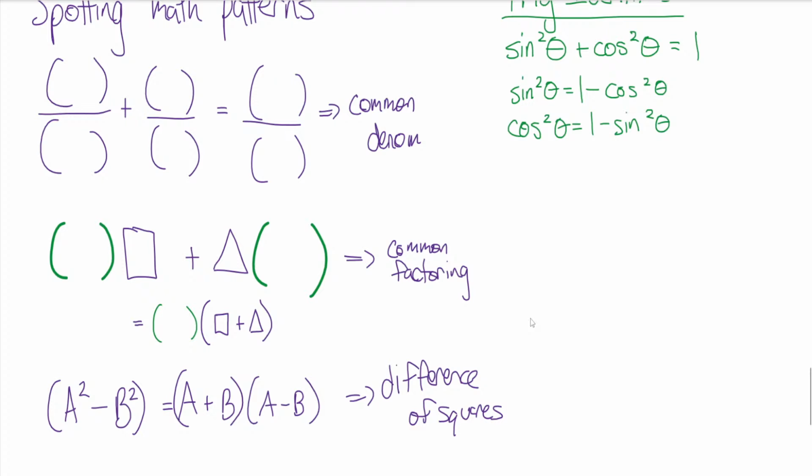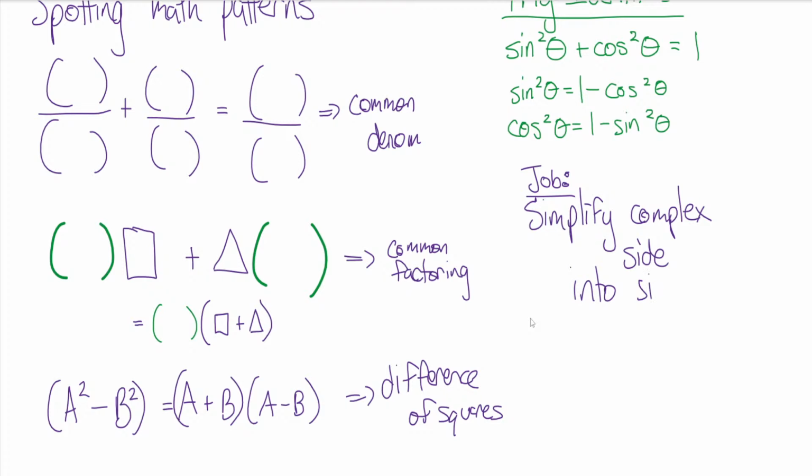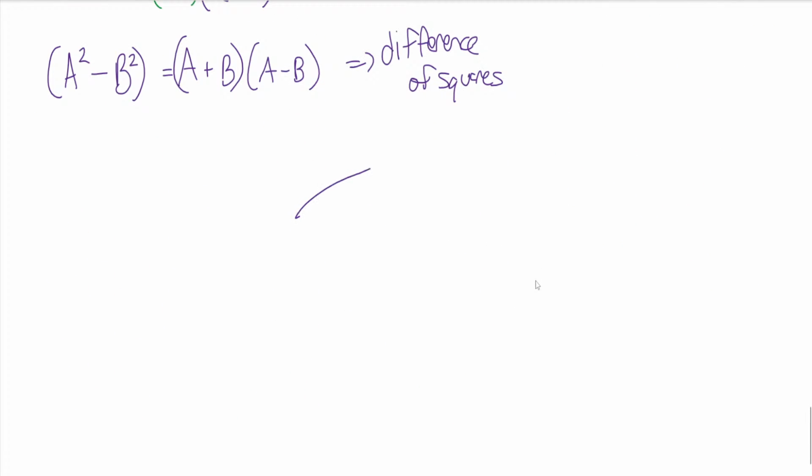And your job is to simplify the complex side. You know, this is your job. Simplify the complex side into the simple side. But don't be afraid to play with the simple side. What you're trying to do is metaphorically build a bridge from here to here.